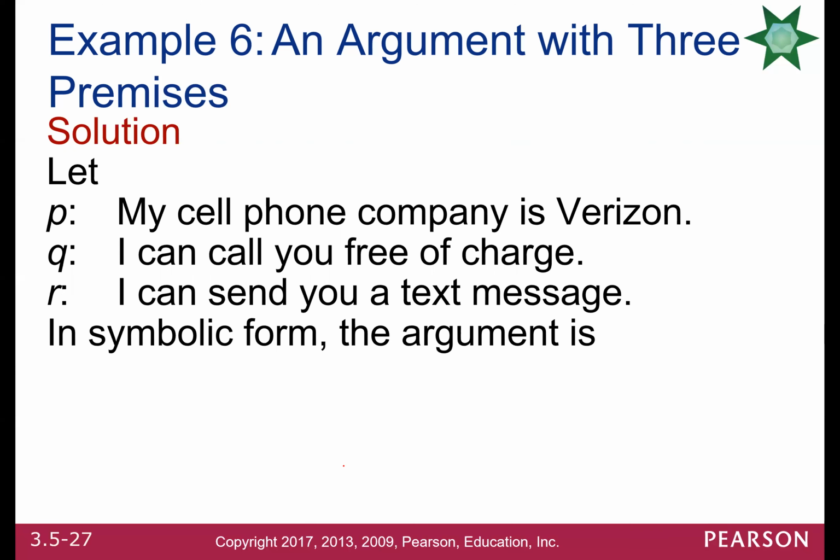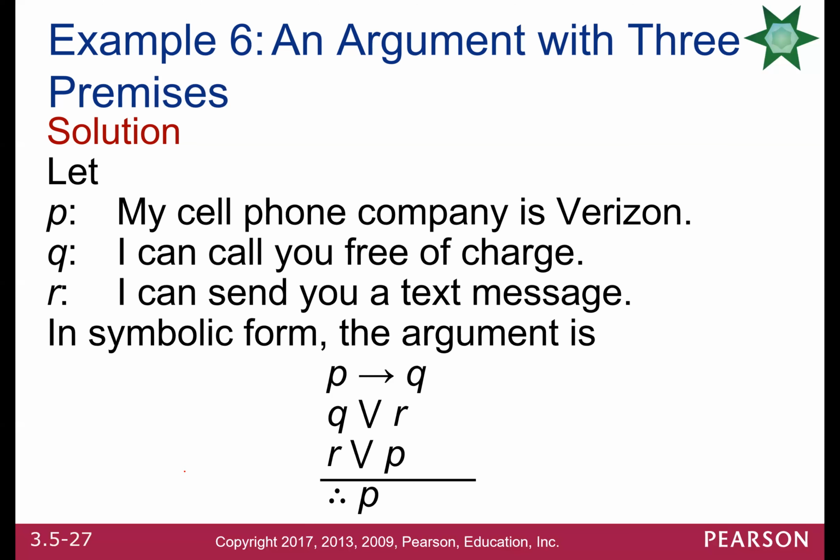So my premises in symbolic form would be if P, then Q; Q or R; R or P. My conclusion is P. So I'm going to have to create a truth table, combining the three premises using conjunctions. And then that combination, we're going to use as the antecedent for a conditional.